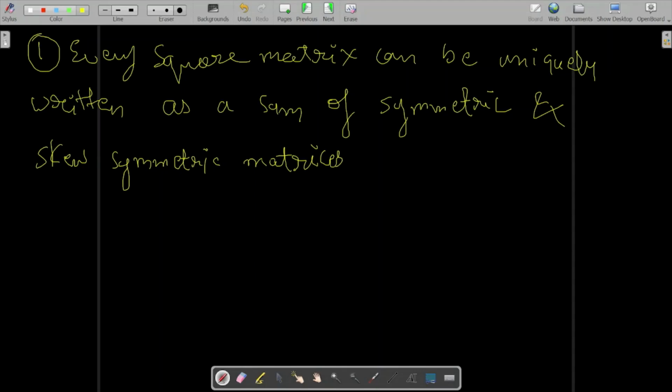So every square matrix can be uniquely written as a sum of symmetric and skew symmetric matrices. Let's suppose that A is any square matrix.